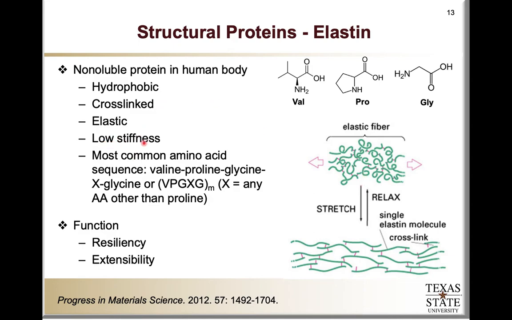It has low stiffness. The most common amino acid sequence is valine, proline, and glycine, and the chemical structures of those peptides are shown here on the right. And then X, where X is going to be any amino acid other than proline. The function of elastin is to provide resiliency and extensibility to tissues.